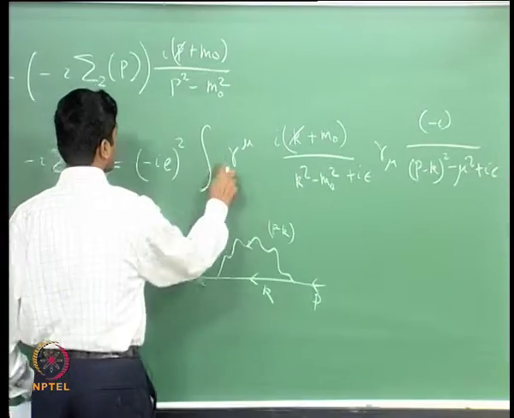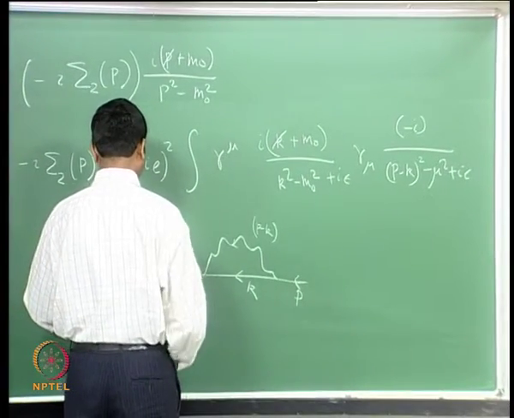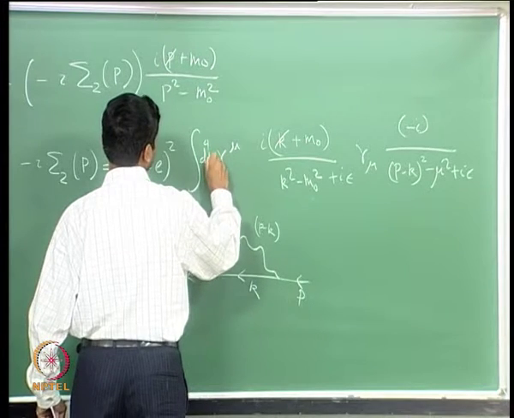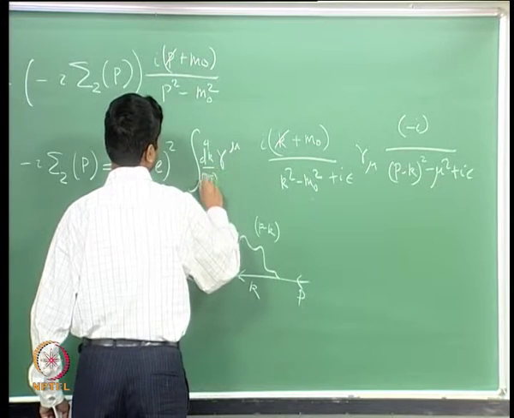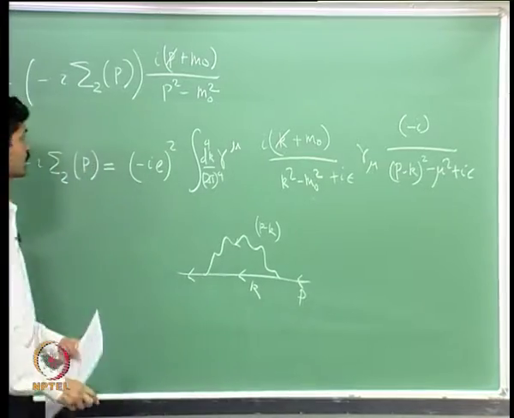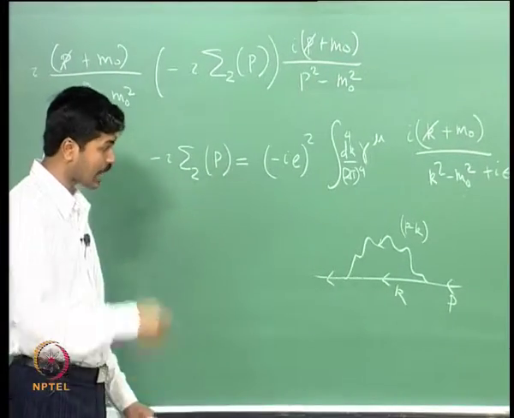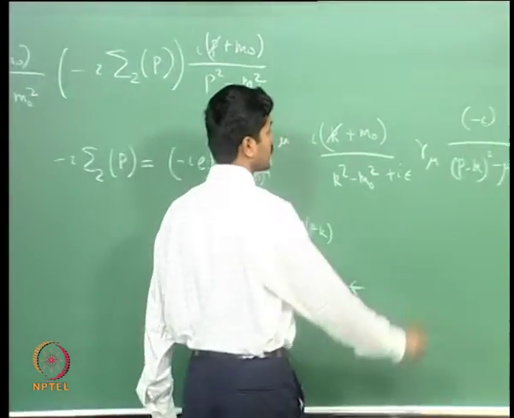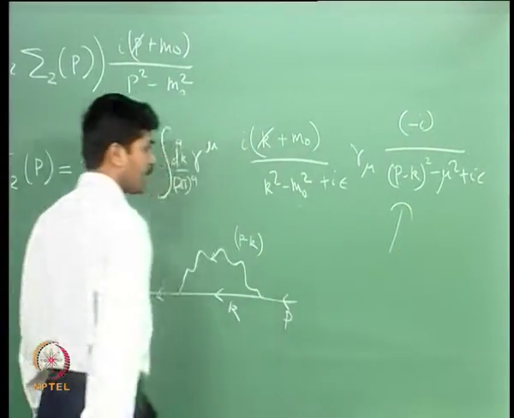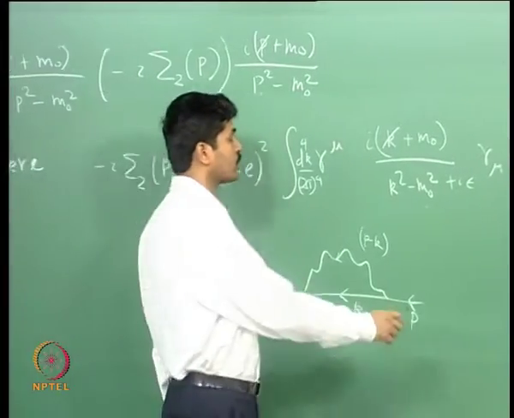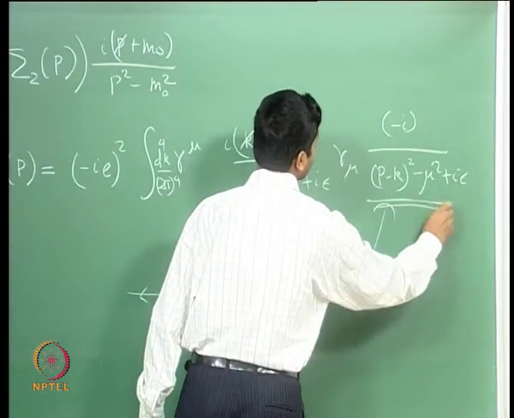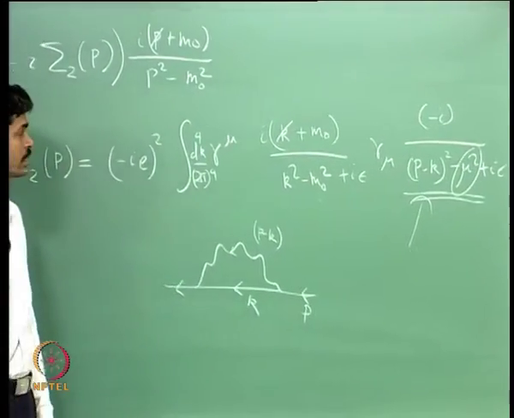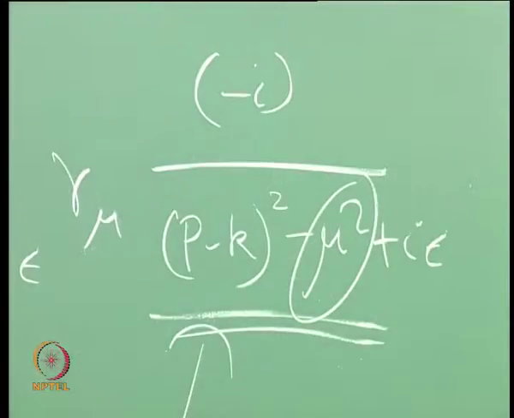And because there is a loop, we have to integrate over the loop variable, which is d4k over (2 pi) to the power 4. Note that this diagram also has an infrared divergence. At this point we are not interested in studying the infrared divergence. To cure it, I have put a cutoff on the photon mass, given by mu square.